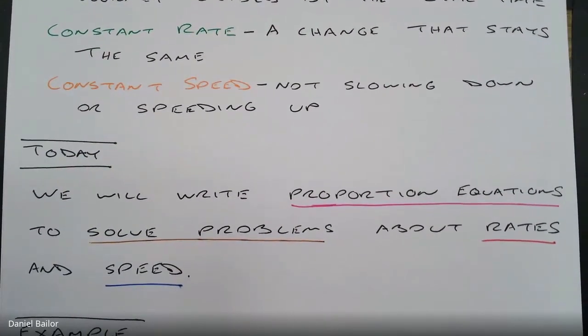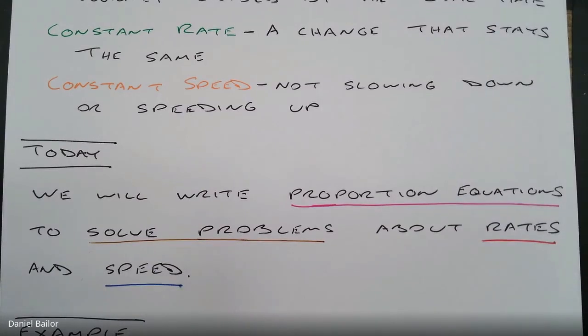Today we will write proportion equations. So we're going to write equations like we've been doing in Module 4. Only these equations are going to start as proportion equations. And then we're going to solve them, because we're going to write the proportion equations to solve problems about rates and speed.